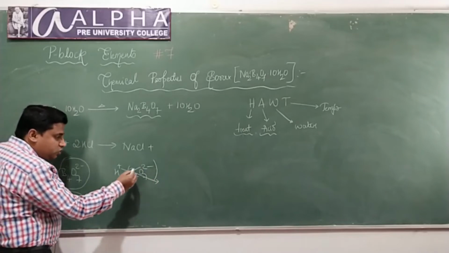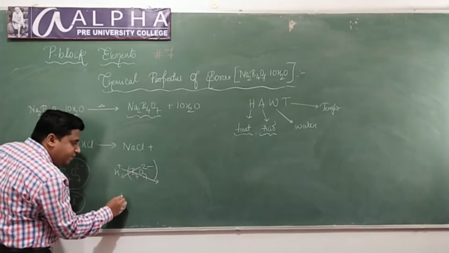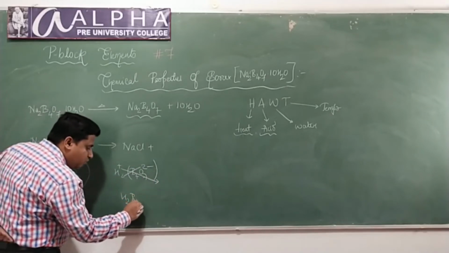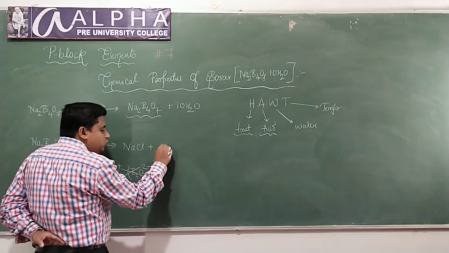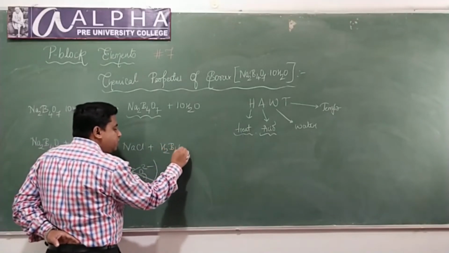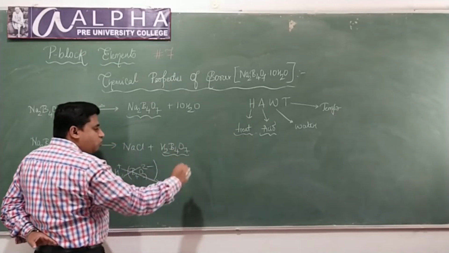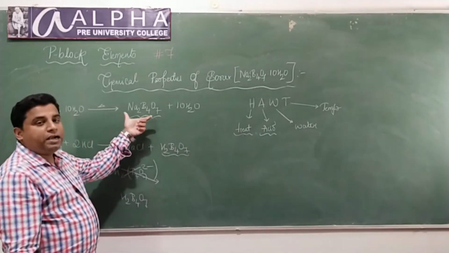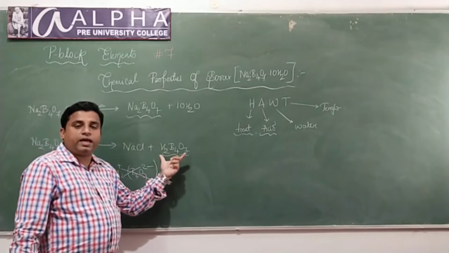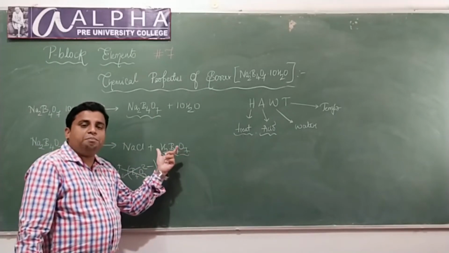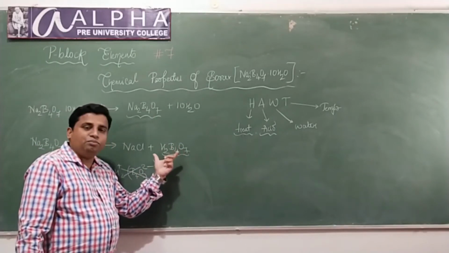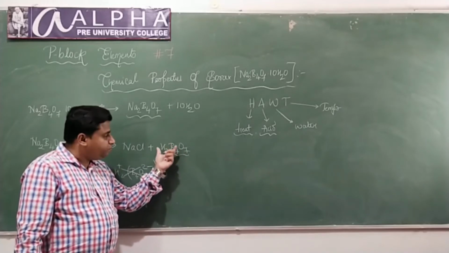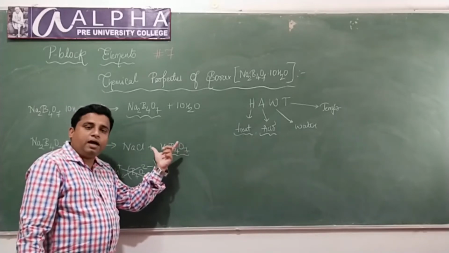If I multiply 2 here, I'll be getting H2B4O7. What is this H2B4O7? This is not sodium metaborate, it is called metaboric acid. Are we clear? H2B4O7 is called metaboric acid.